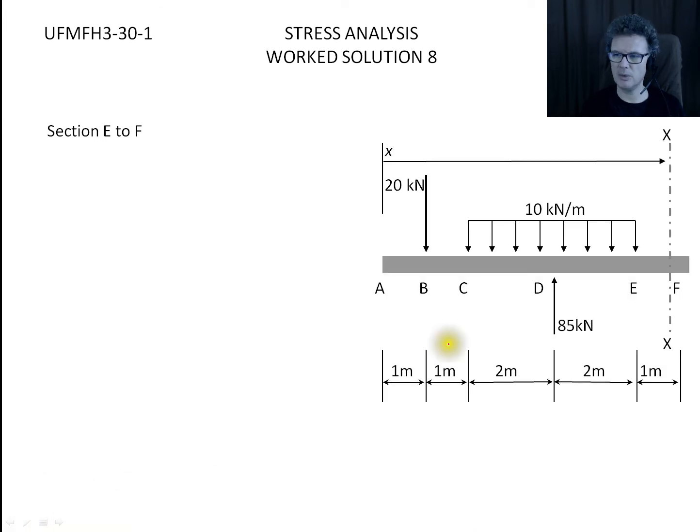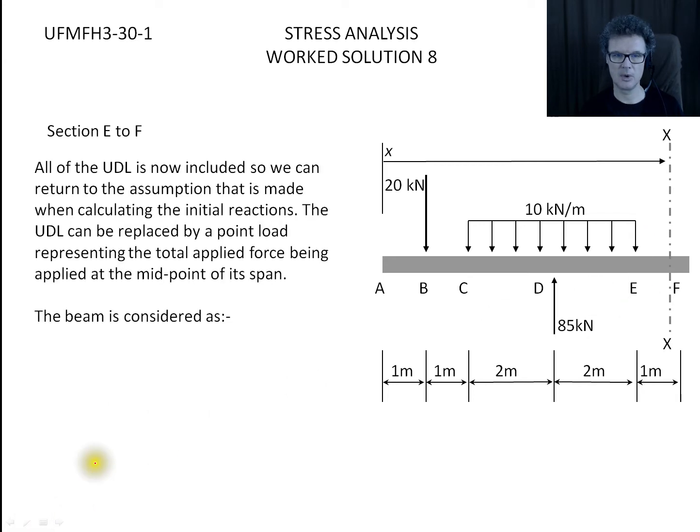What about when we're now here? When we're in the region that we've just gone past the UDL, something weird happens. Since we're now here, we are no longer going through the UDL, and that UDL in effect becomes as if it's just a concentrated load. So all the UDL is now included, so we can return to the assumption made when calculating the initial reactions.